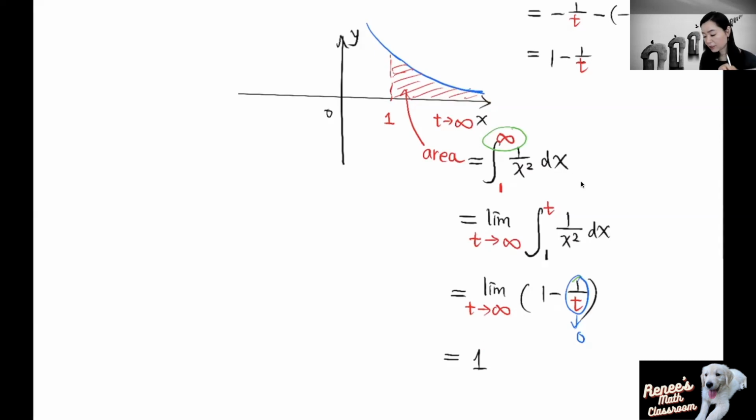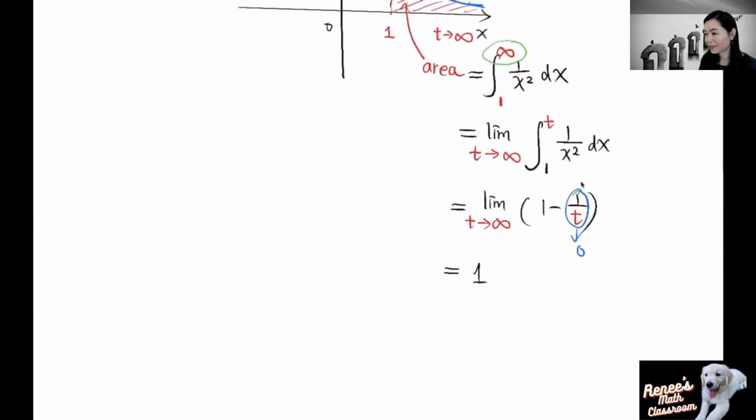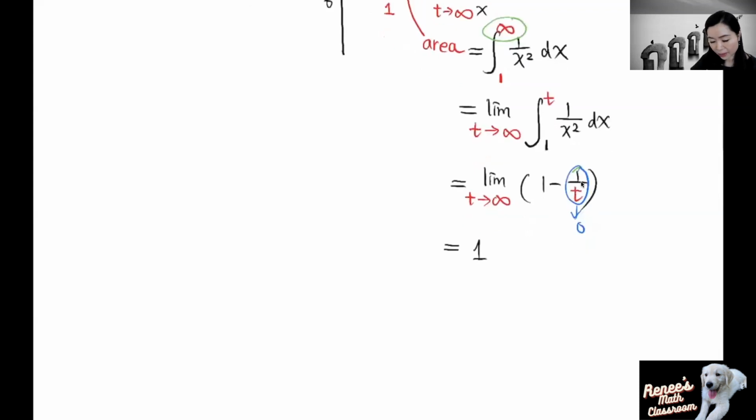Okay, so what you have seen over here is one example of an improper integral. When the upper limit or the lower limit involves infinity or negative infinity, that's called an improper integral, and it's type 1. So let me write it down.